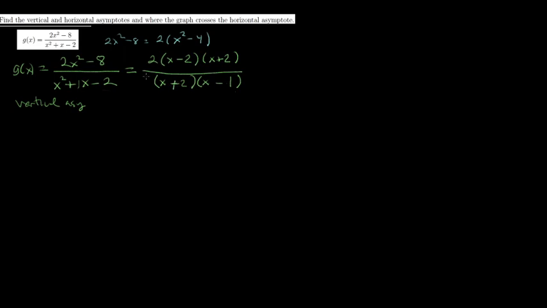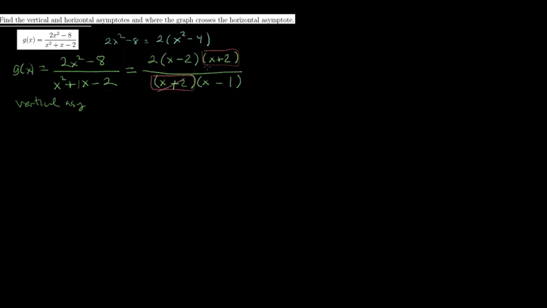Okay, so that's the factoring part. The next step is to simplify. In other words, we want to cancel any common factors. Unlike the previous problem where we did not have any common factors, here we do. Notice that the x plus 2 in the numerator is the same as the x plus 2 in the denominator.